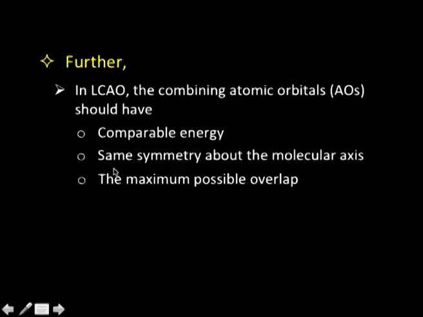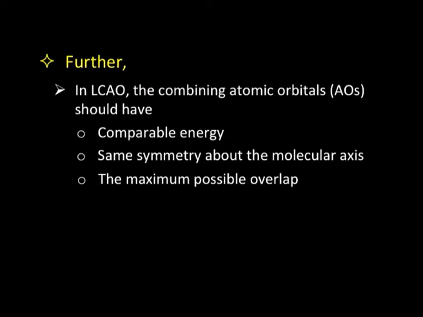Further, you would also recall that when we talk about LCAO, that is, when we try to combine the atomic orbitals to get the molecular orbitals, we have to keep three things in mind. The atomic orbitals which are combining must have comparable energy. You cannot combine an atomic orbital of very low energy with one of very high energy; the two will not interact.